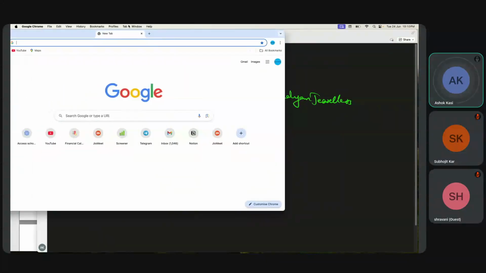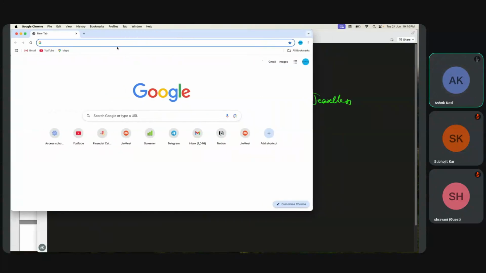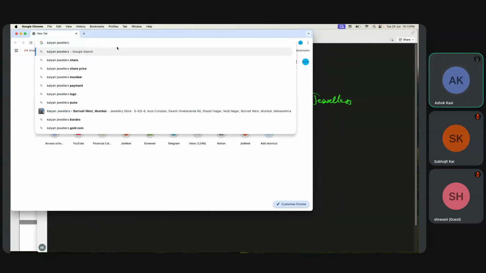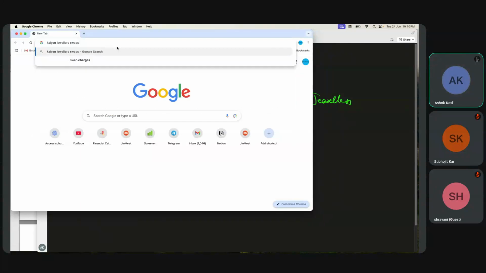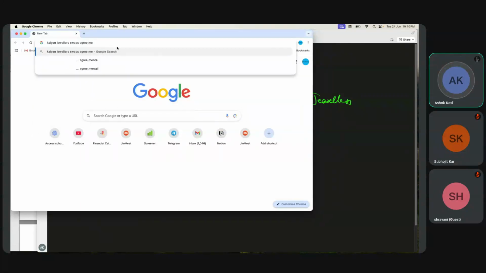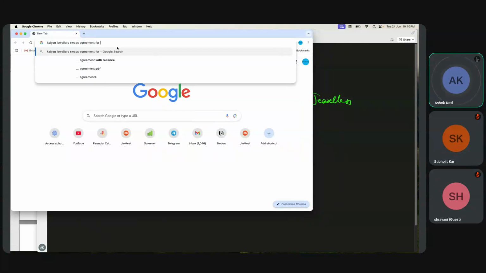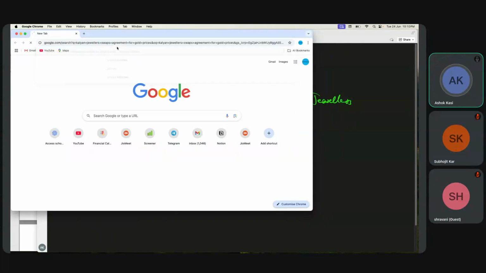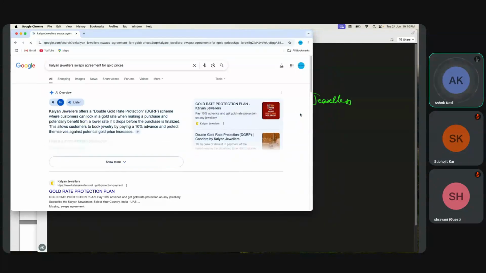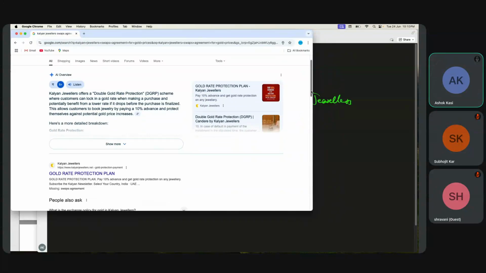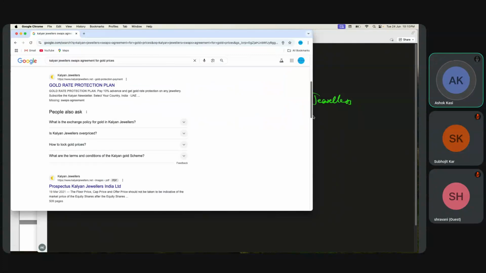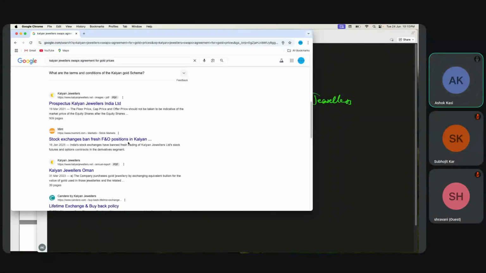Let me check: Kalyan Jewelers swaps agreement for something like gold price. These are all the schemes they are offering to the public. But for sure, they are doing all this, but you will not see them reporting it anywhere.